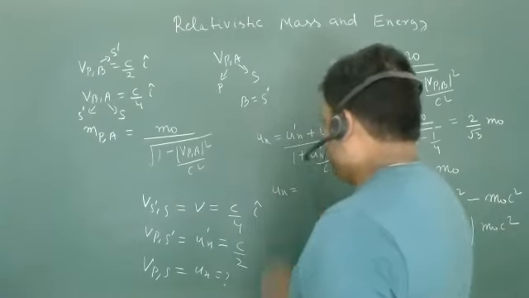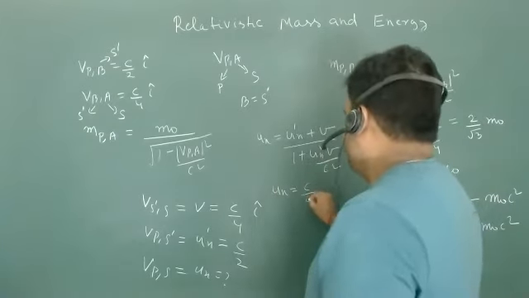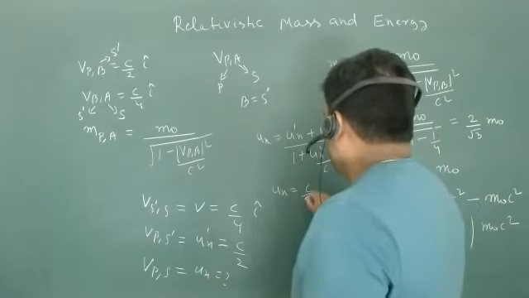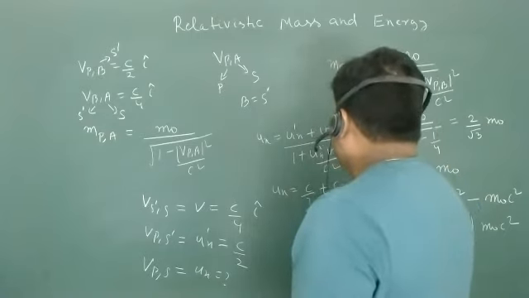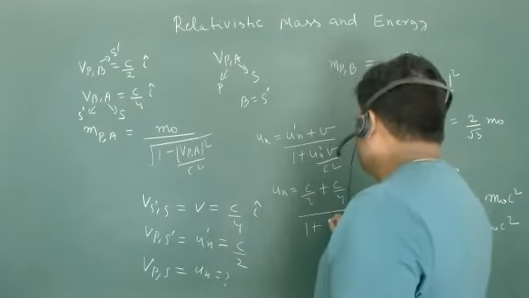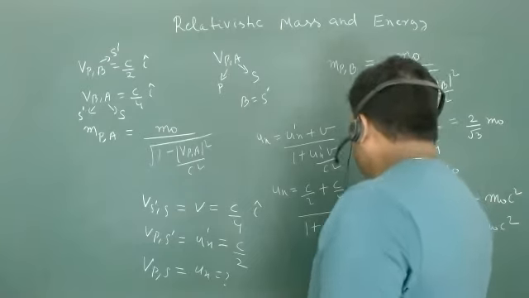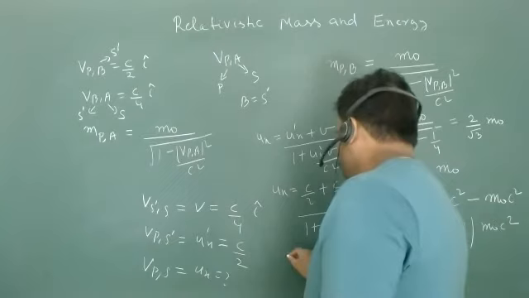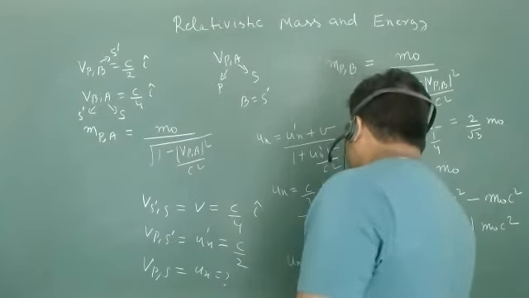You remember the answer? ux dash is c by 2 plus c by 4, over 1 plus, the c square will cancel out, so 1 by 2 into 1 by 4. Are you getting it? I think we will get 2c by 3, right?